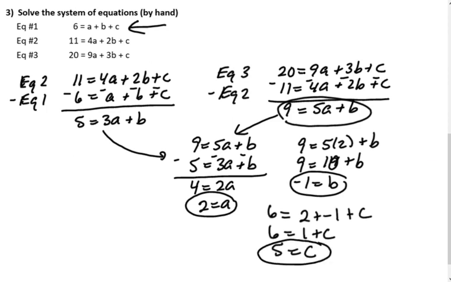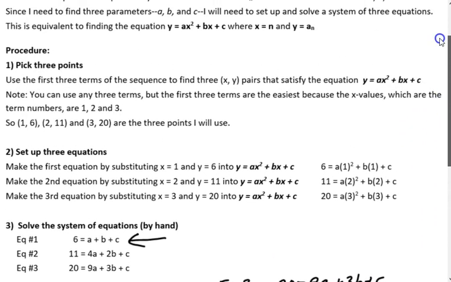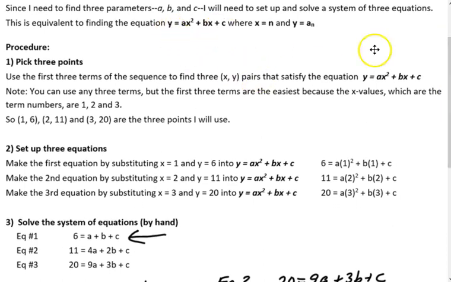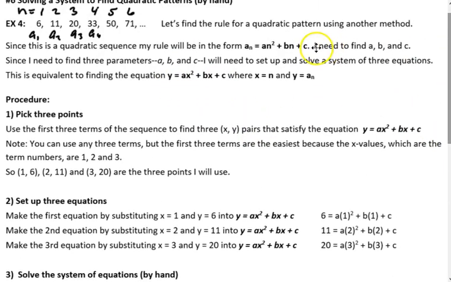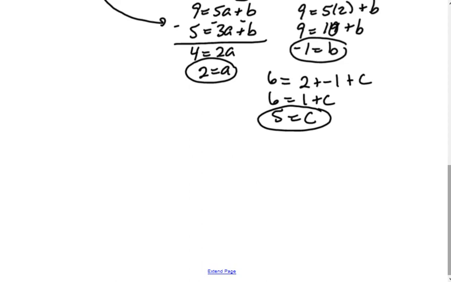So now that I have all three of those numbers, recall what I'm trying to find here are the variables a, b, and c in this equation, a sub n equals a n squared plus b n plus c. I want to know those three coefficients. So since I've been using y and x, I'll write it that way first.